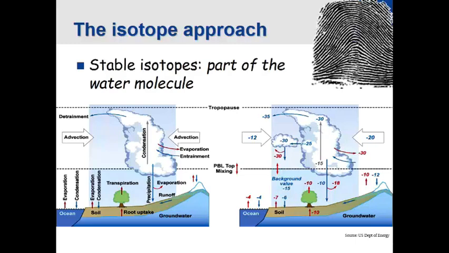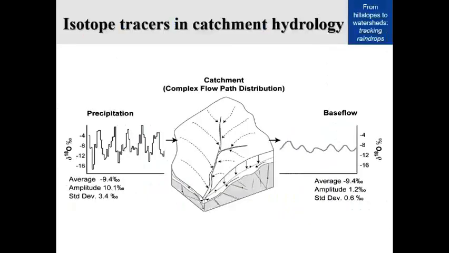You don't have to worry about the units. The idea is that we can sample these positions in the water cycle, if you like, and track these raindrops almost like a fingerprinting. These are naturally occurring. They're applied during rain and snowmelt events. They're linked to air mass trajectories. Of course, this is used in the climate change community, reconstructing past climates from ice cores. You've probably seen much of this. Hydrologists take advantage of this as well.